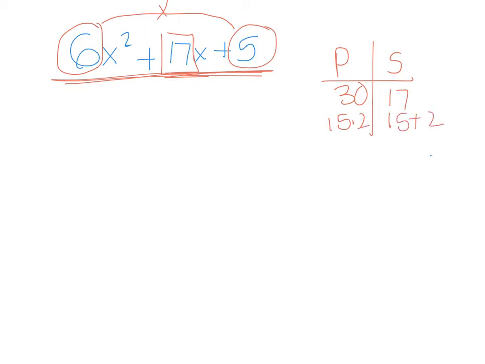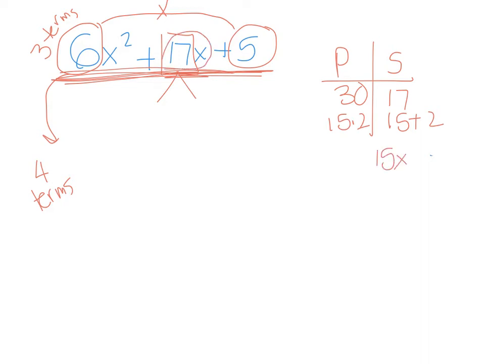But now, where we originally had 3 terms, we're now going to change this and rewrite it so there are going to be 4 terms. And the way we're going to rewrite this whole thing is we're going to take this middle term, instead of writing 17x, we're going to write 15x plus 2x, because 15x plus 2x does equal 17x.